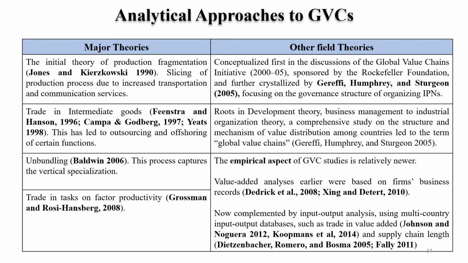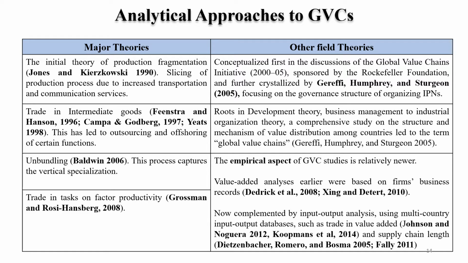Feenstra's work was mostly about outsourcing activities, mostly labor-intensive ones, from developing countries, and how the developed country companies will benefit. Professor Richard Baldwin highlighted the unbundling process. The first unbundling was due to the reduction in transport cost.